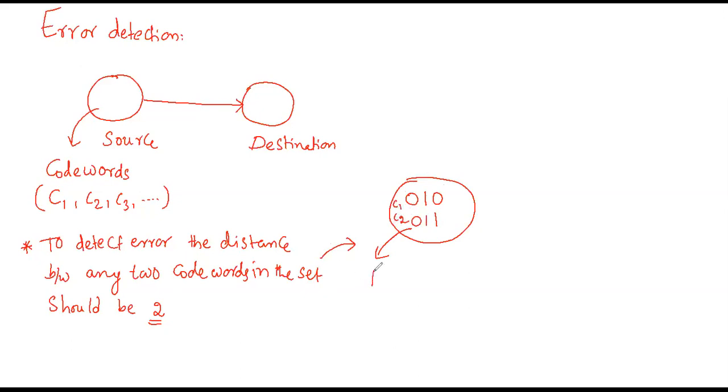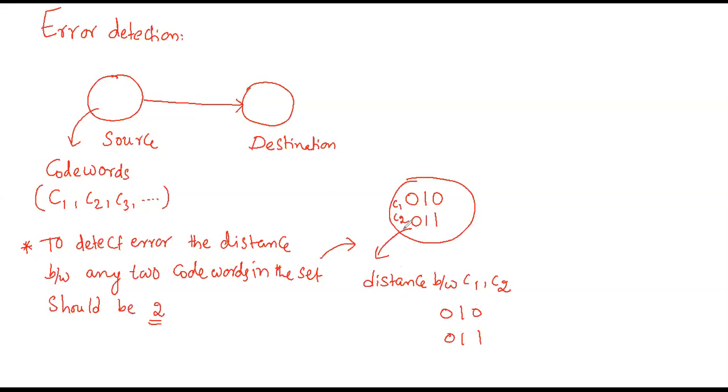What is the distance between C1 and C2? I told you the distance between C1 and C2 is nothing but the number of bits that differ between C1 and C2. Here, how many bits differ between C1 and C2?